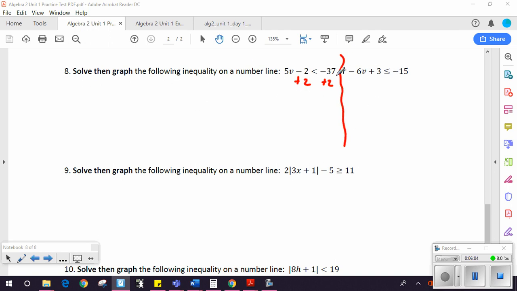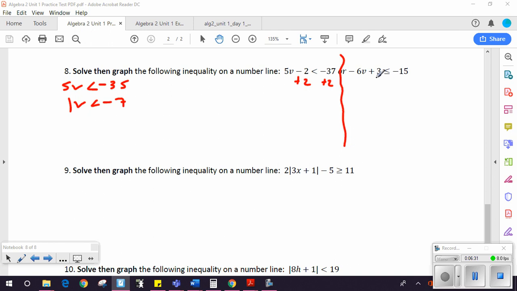Keep them separate. So when I add 2 to both sides, I would have 5v is less than negative 35. I then must divide both sides by 5. So I would have v is less than negative 7. So that's one of the solutions.